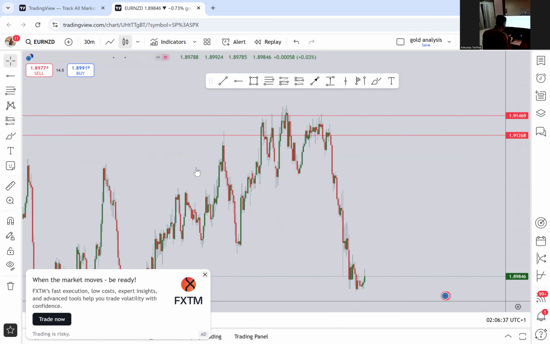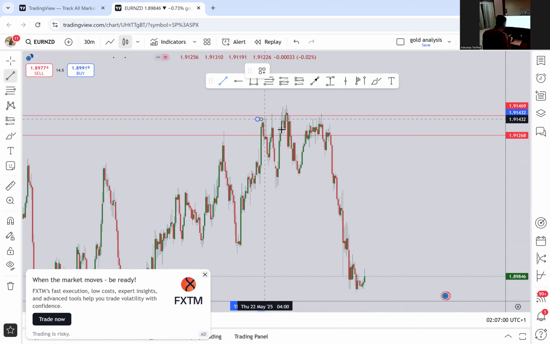So first of all, price broke the high and then it went down, right? After going down, we could have said, okay, this level has been tapped. Obviously, it has been tapped, right?